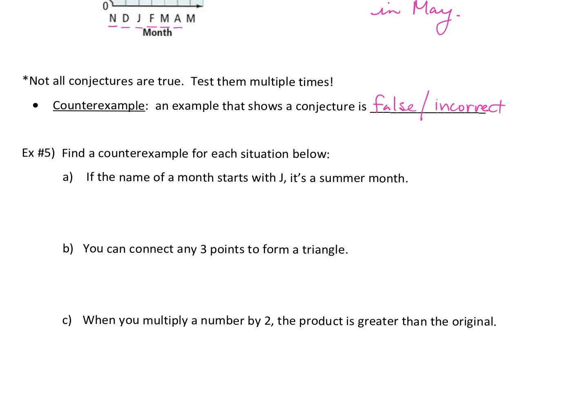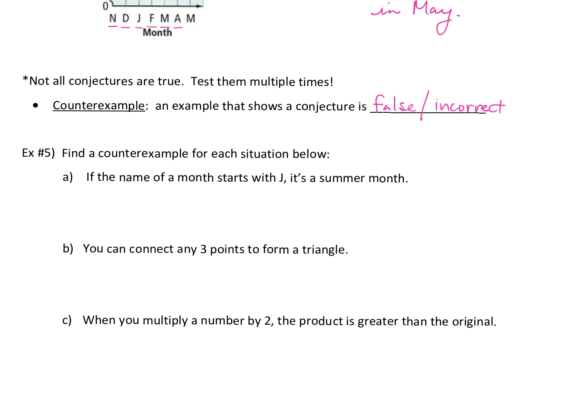Okay, so letter A. Don't tell all of us. Tell a neighbor. If the name of a month starts with J, it's a summer month. I want you to give me an example of where that is false. Okay, question.